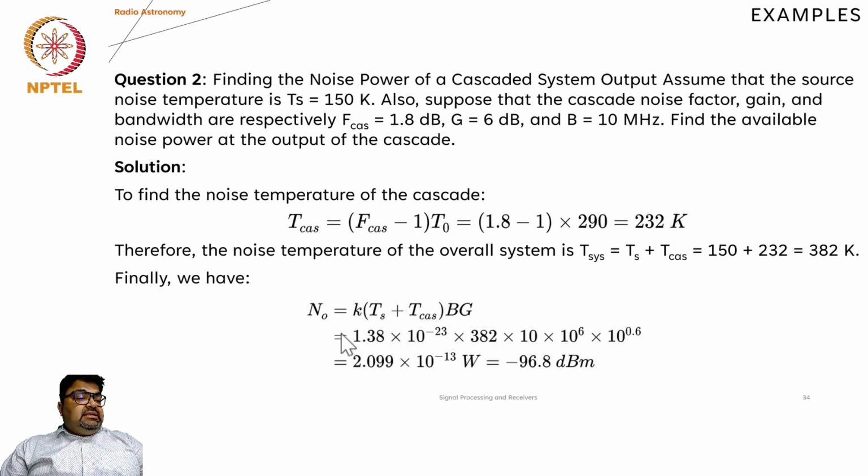So that will give rise to 1.38 times 10 to the power minus 23, this is the Boltzmann constant, times 382, plus we have a gain of 6 dB, so that you convert into the linear scale, and also you have a bandwidth of 10 megahertz. So 10 megahertz is 10 to the 6. This is the bandwidth, and 10 to the power 0.6 is the gain. So total comes out to be minus 96.8 dBm. That's the answer.